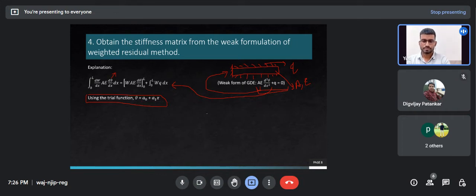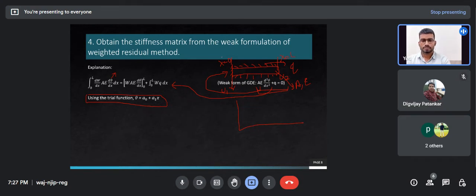And here I have taken the boundary conditions: I have taken this point as the origin, so at x is equal to 0 the deformation will be u1, and at x is equal to L the deformation will be u2, right?